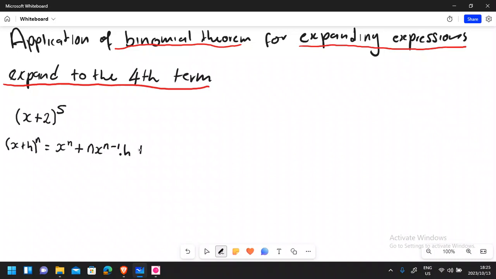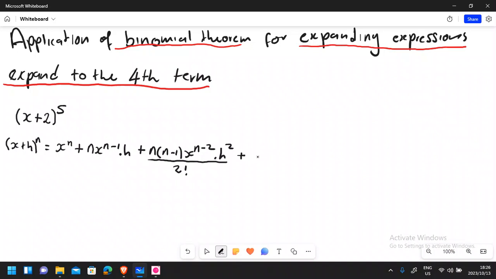The third term is going to be n times n minus 1, and this time we have x to the power of n minus 2 multiplied by h to the power of 2, divided by factorial 2. Because they said the fourth term, this is the last term that we should stop at.